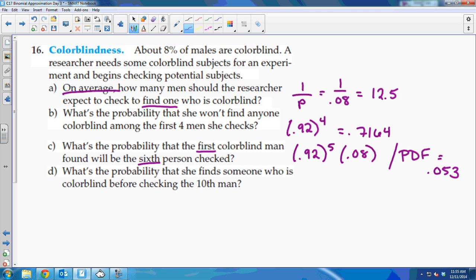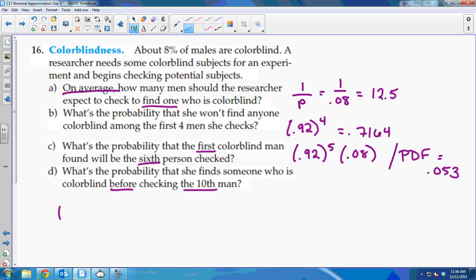What's the probability that you find someone who is colorblind before checking the 10th man? So that means you find the first one in the first 9 people, because it says before the 10th. So you could, by hand, have to add up all those probabilities, right?